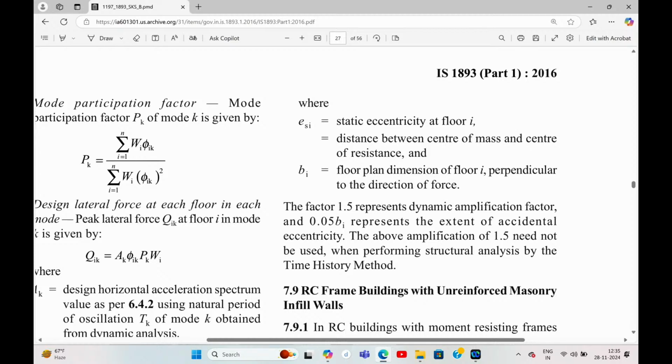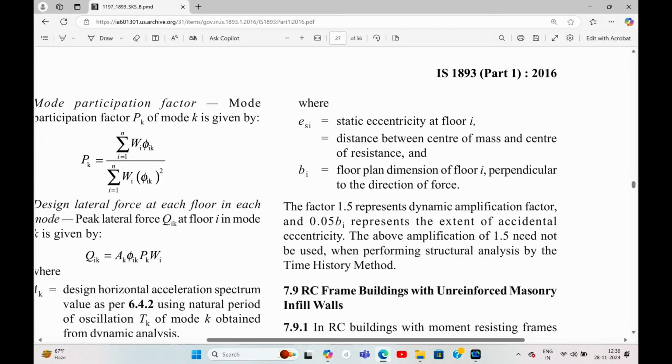Static eccentricity at floor I, which is equal to distance between the center of mass and center of resistance, and BI is equal to floor plan dimension of floor I perpendicular to the direction of force. Right? Everyone has written it?